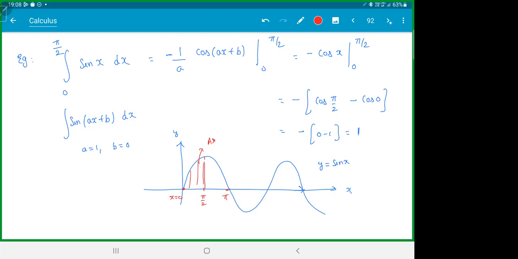This area is 1. That is the physical meaning of it. So when you say I want the area under the curve sin x from 0 to pi by 2, the red shaded area is actually 1. Clear? Any doubts on this?